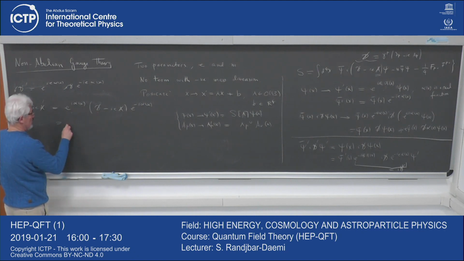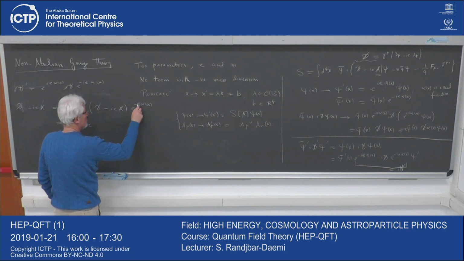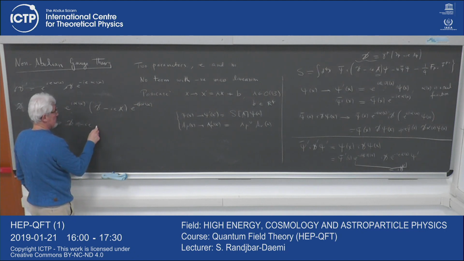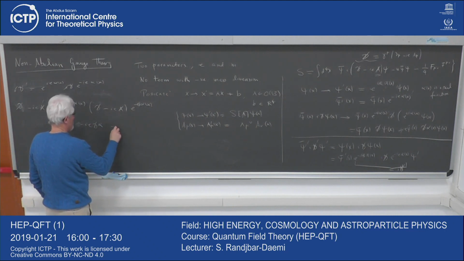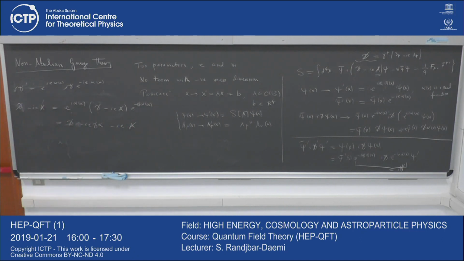So the right hand side simplifies. From here you get d slash, minus i e d slash alpha, and from here you get minus i e a slash. That goes away with this.